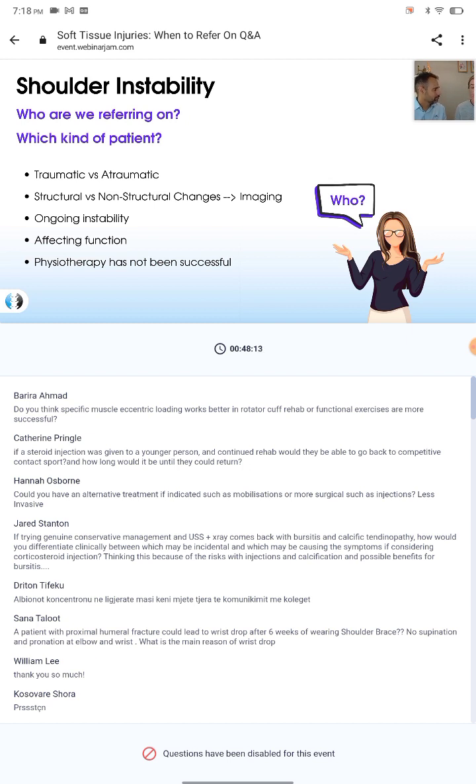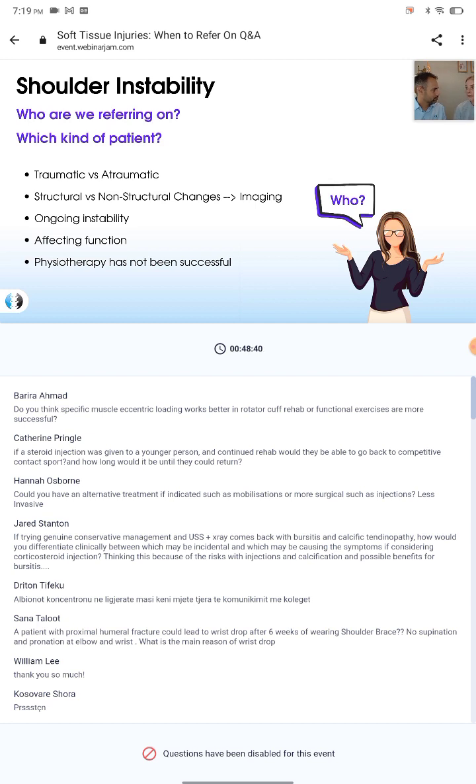Imaging generally is only used to help guide subspecialist opinions, so referring on to those super specialist units to talk about more experimental surgery, capsular shifts, things that aren't necessarily done in your general hospital. So for the non-structural instabilities, we tend not to do imaging, but if they've had a trauma, we'll consider whether doing an MRI or an MRA would be useful.